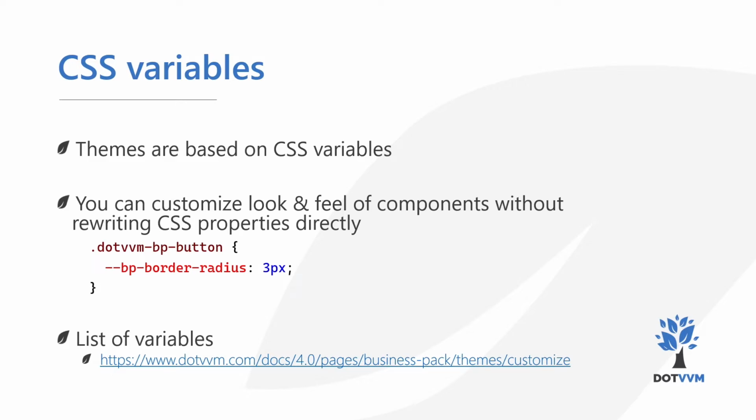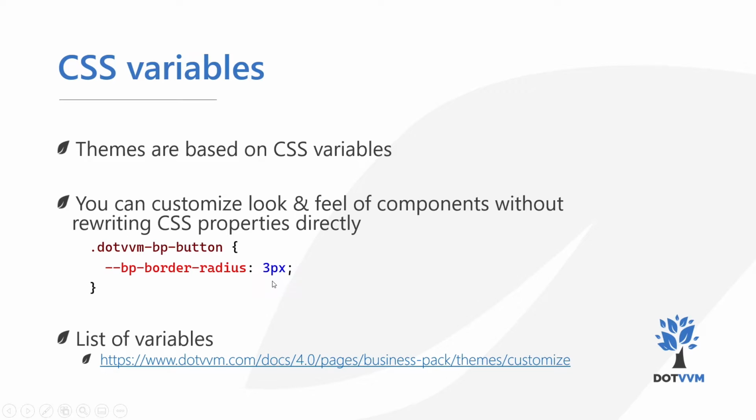If you didn't see how these variables look like, if you look at this piece of CSS, then you will see it starts with double dashes, and that's how you find the CSS variable. So you can declare the variable, and then you can use this variable to reference this value 3 pixels anywhere.